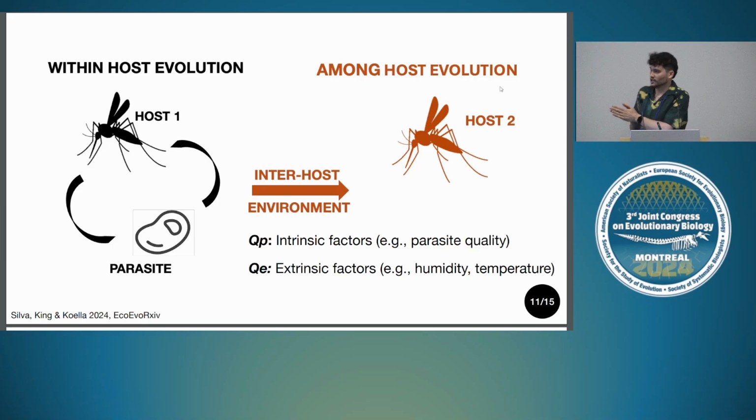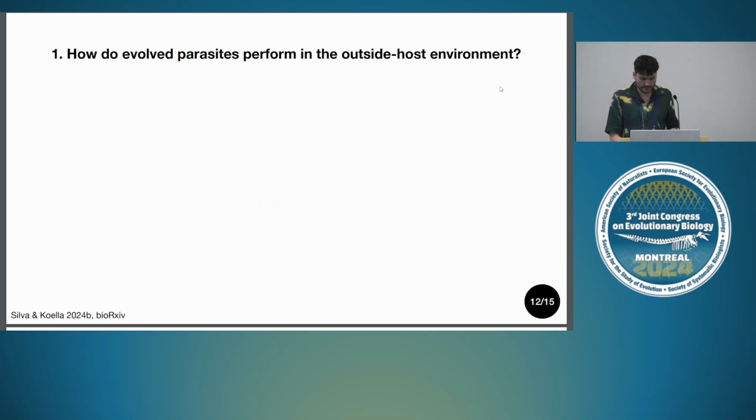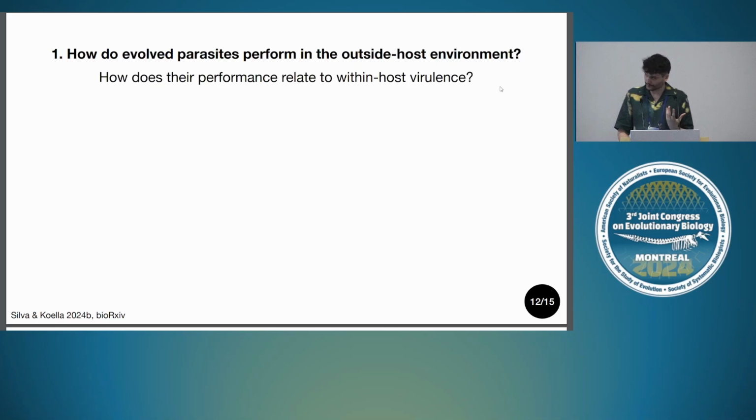So we took this into consideration and asked, how does this evolved parasite that we just evolved perform in the outside host environment, and how does it relate with the virulence? We were hoping that it somehow fits with our original theory and helps us understand better the results we got. For this, we ran an experiment where we had a host that produced spores, so all the spores had a given age.